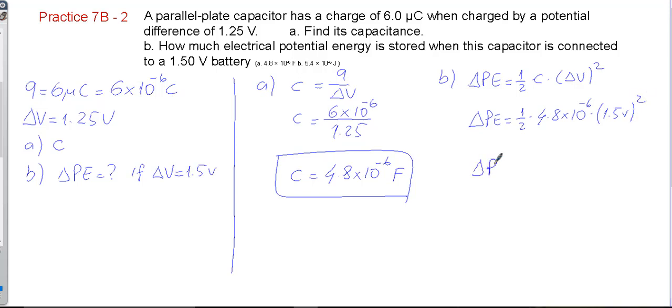And the change in potential energy here, if you use your calculator, is equal to 5.4×10^-6 joule.